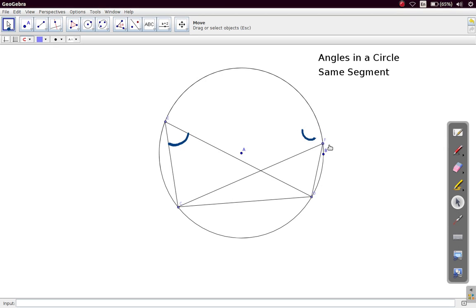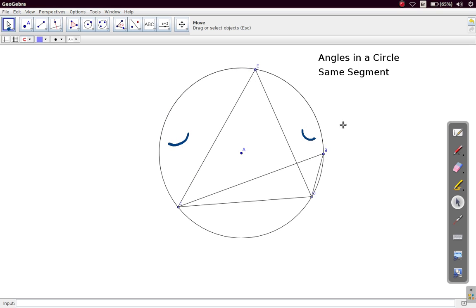If I move the joint up here, you will find that this angle and this angle are equal. And if I move this joint where the two chords meet and put them here, the angle never changes and is always equal to that other angle over there. Look at this. You see, they match each other. They're always equal to each other, no matter where you put them. Alright?